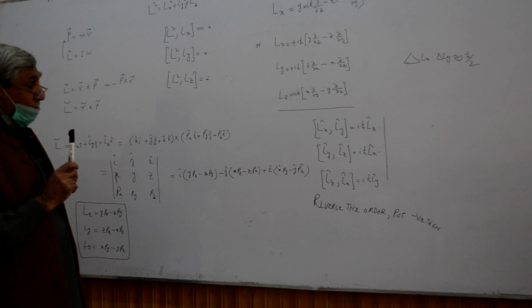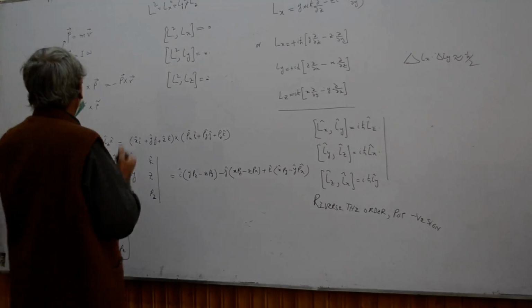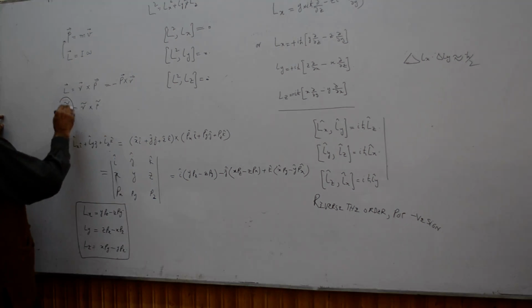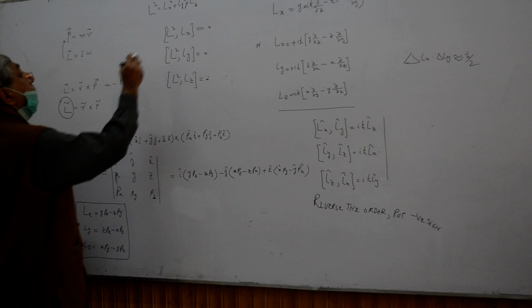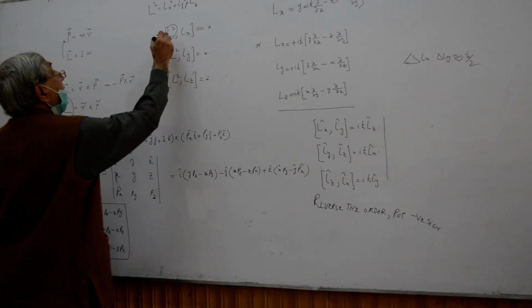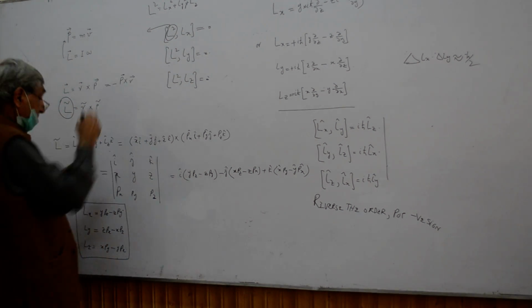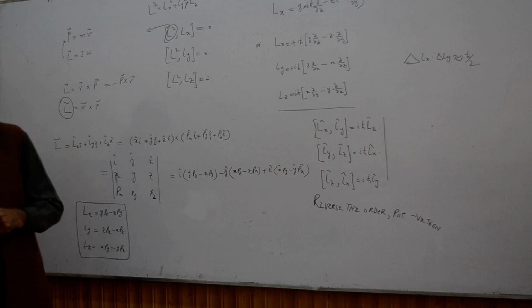So it means that the angular momentum L operator is not a good quantum number. However, if you take its square, then it is represented by a good quantum number.